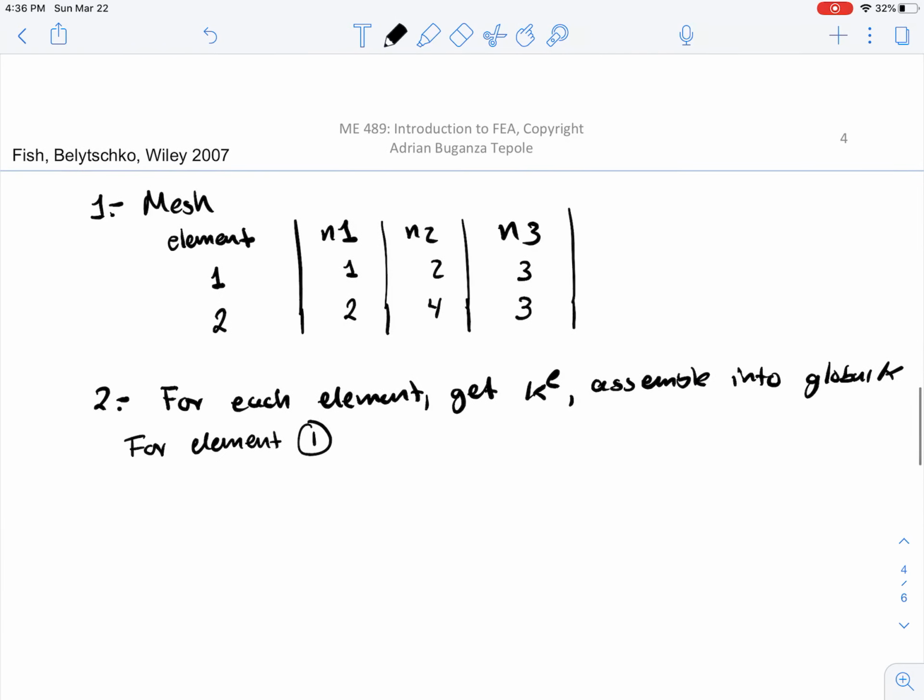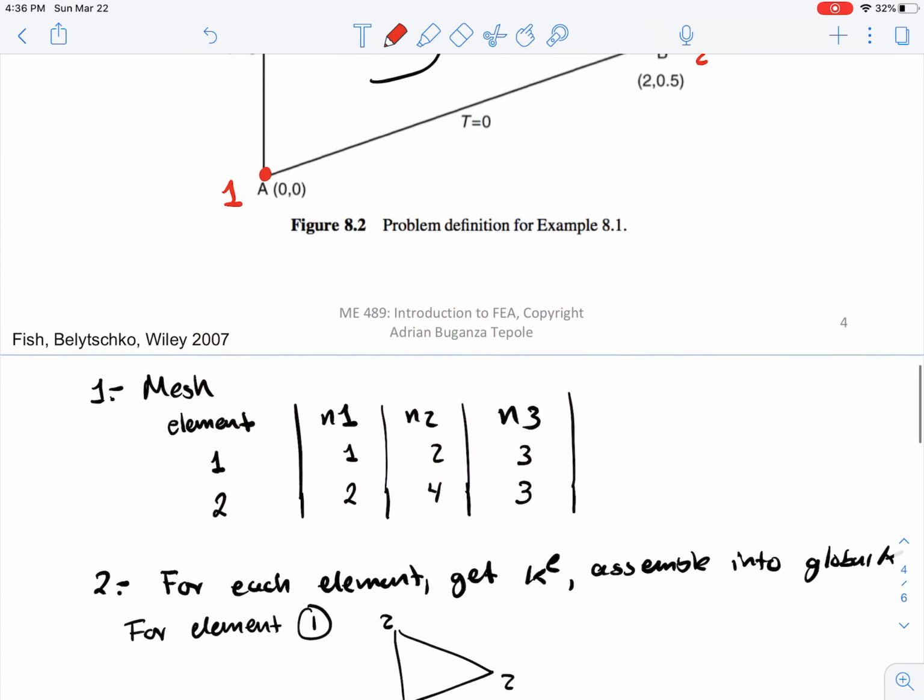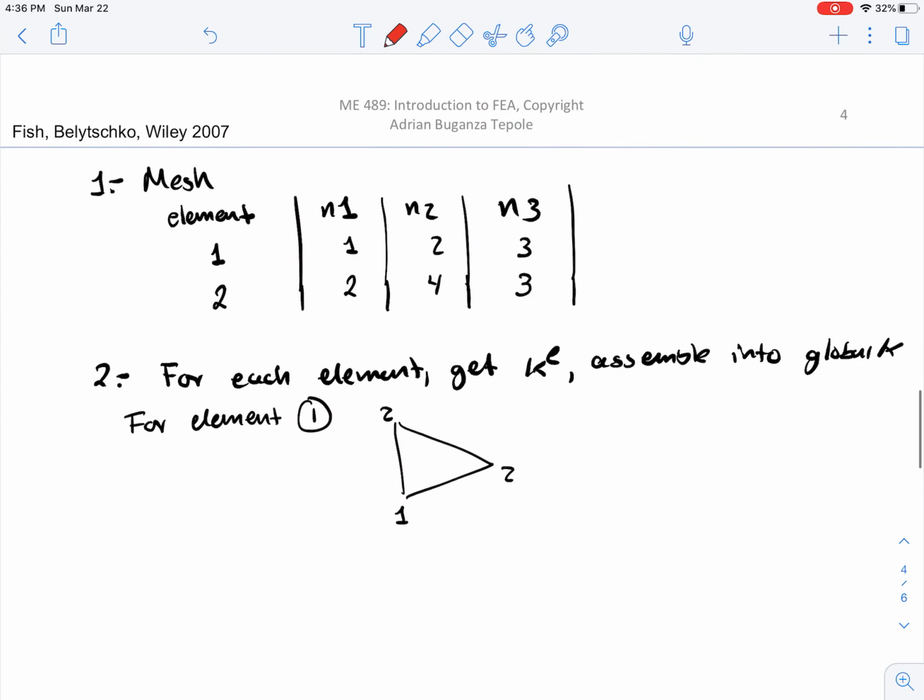Let me just redraw the element 1 here. So element 1 looks like this. This is local node number 1, local node number 2, local node number 3. And I'll just write the global node numbers. In this case, they coincide.